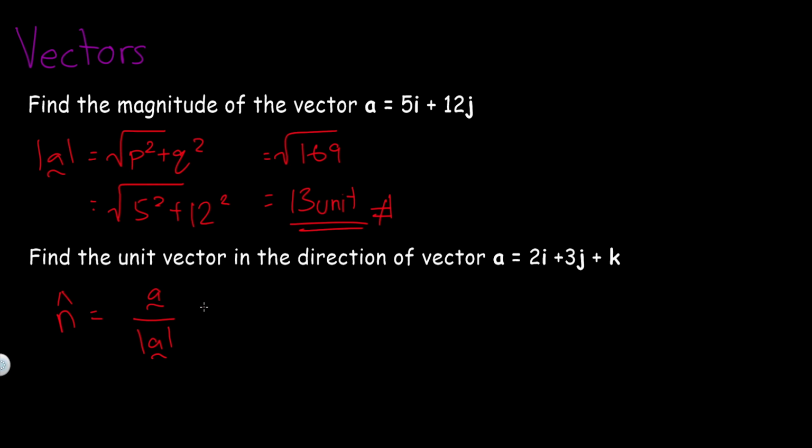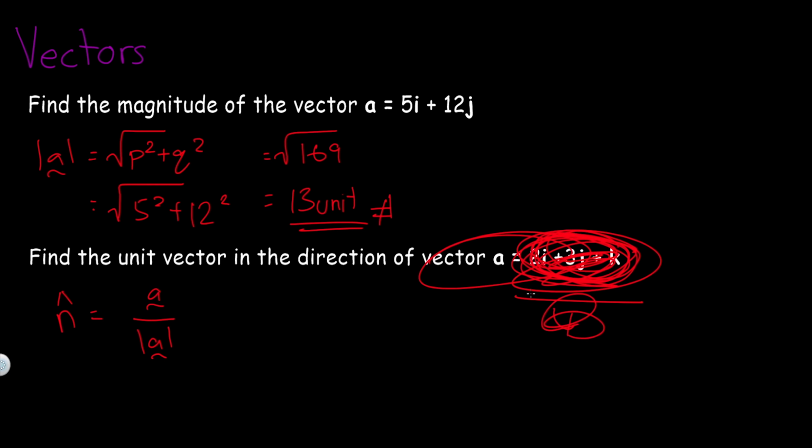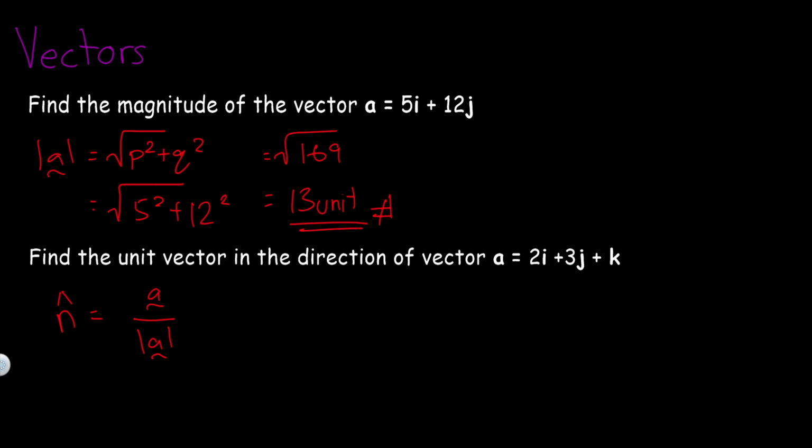In this case, our vector equation is 2i plus 3j plus k, and we need to divide this equation by its magnitude. So first step, we need to find the magnitude.